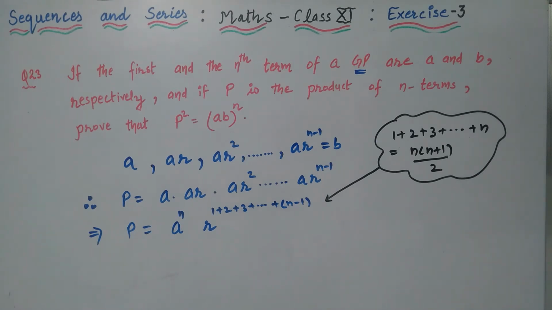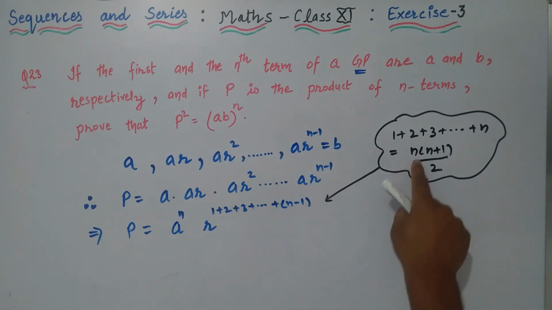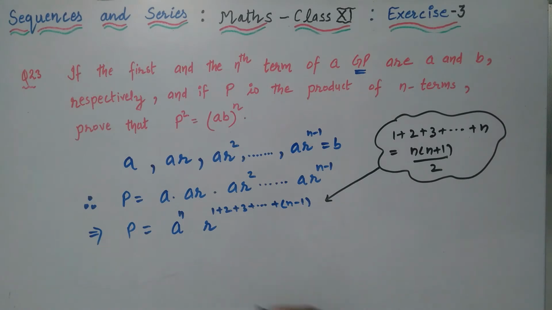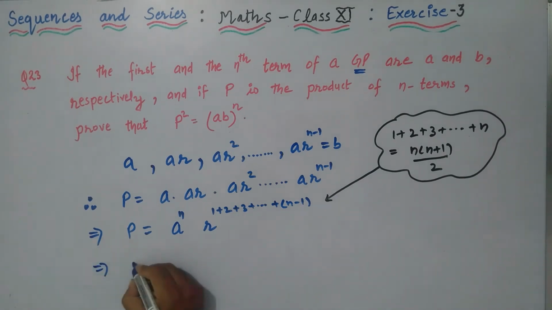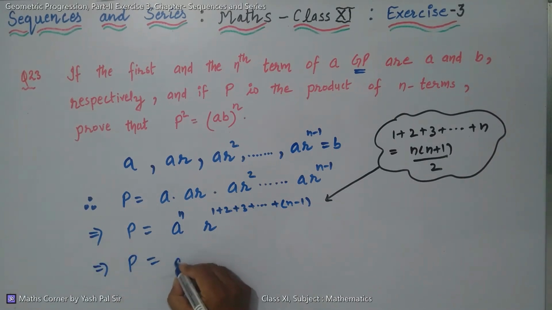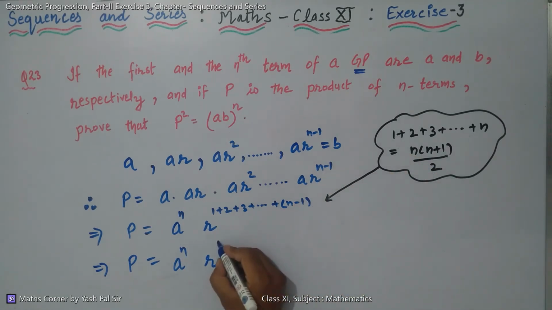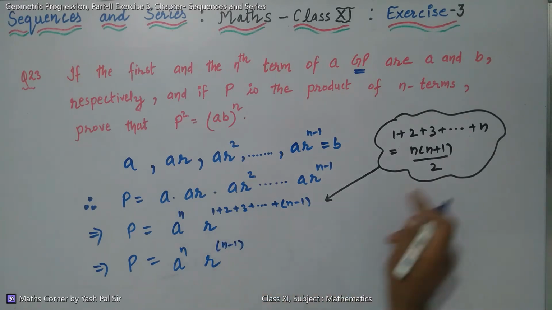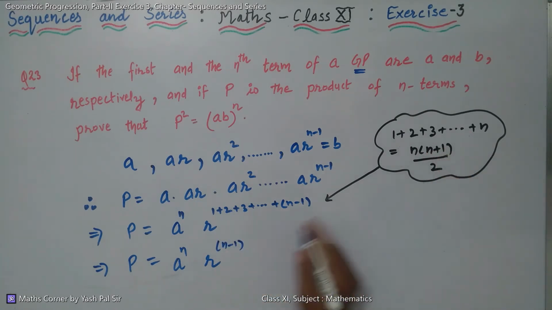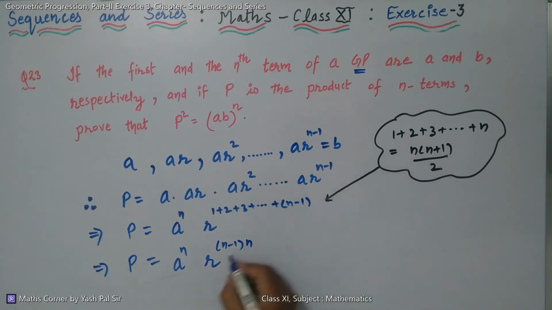Put n equal to n minus 1 on the right hand side of the rule. So this becomes P is equal to A power n into R raised to power n minus 1 into n plus 1 becomes n, divided by 2.